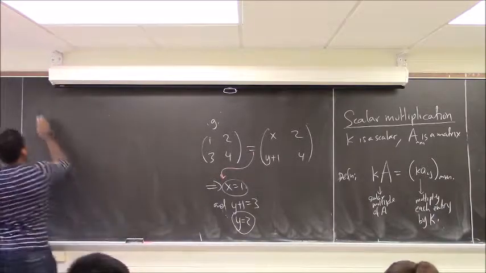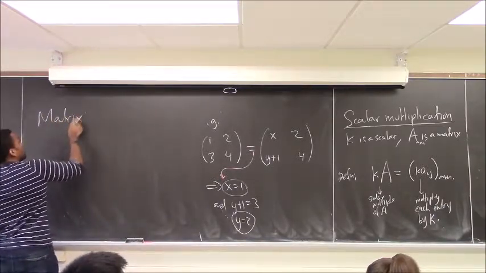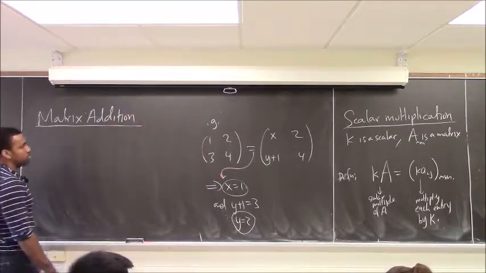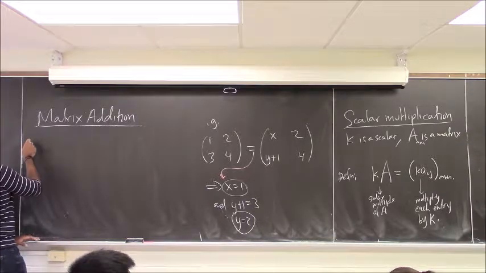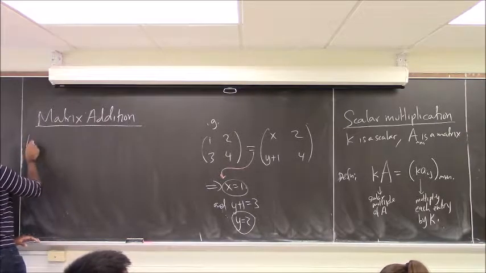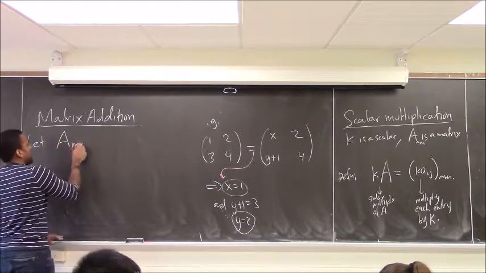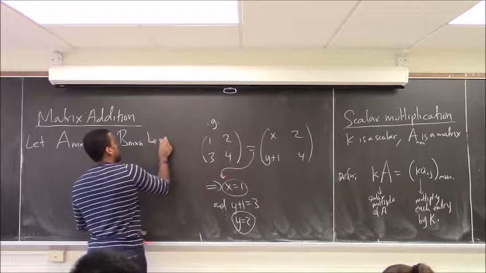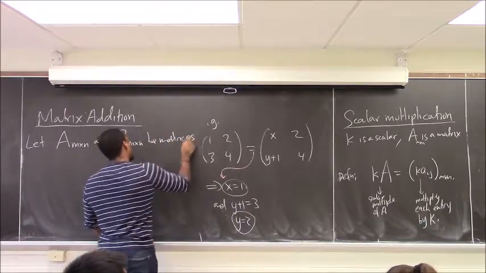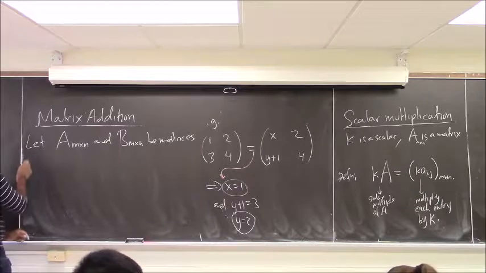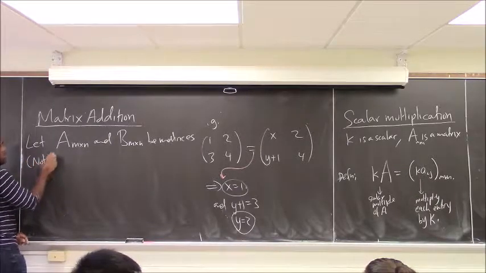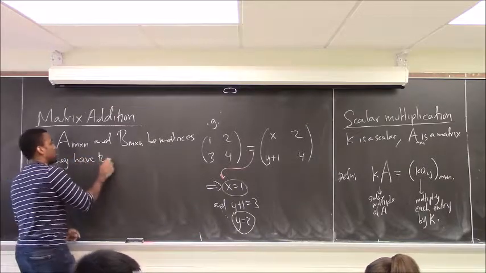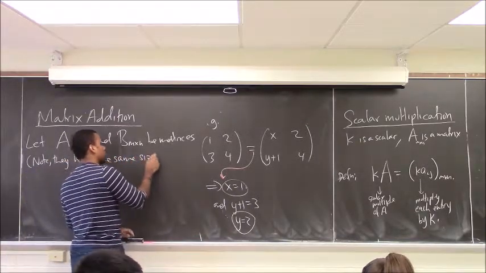Let's talk about matrix addition. We can add two matrices. So let A, m by n, and B, m by n, be matrices. Note they have the same size.